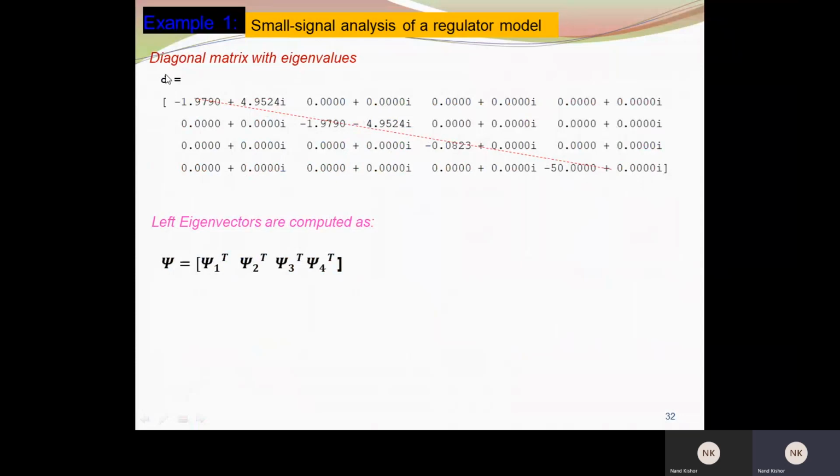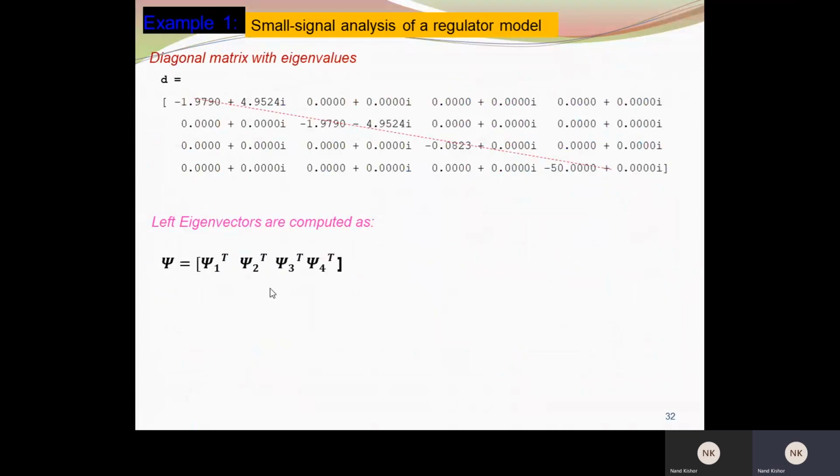So in the complete D matrix, we have the eigenvalues located diagonally here. Next, we will be interested to compute the left eigenvectors, and this is how we can get it in the matrix form.